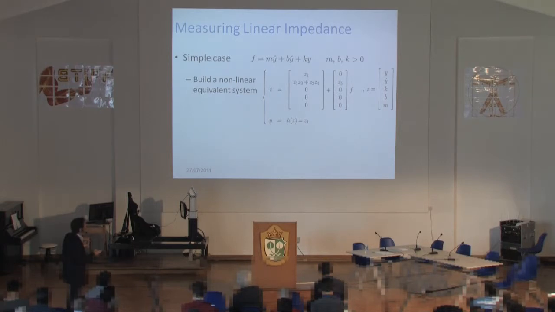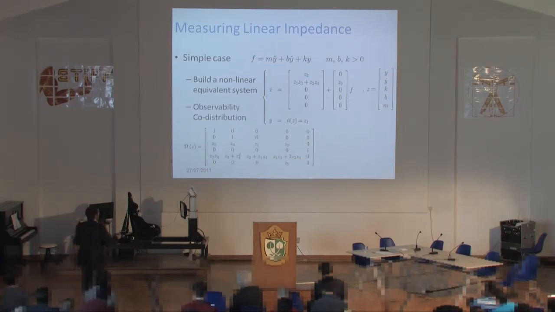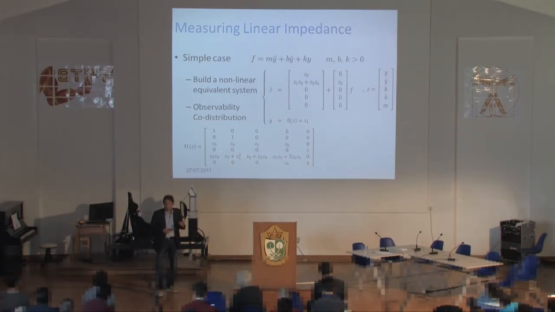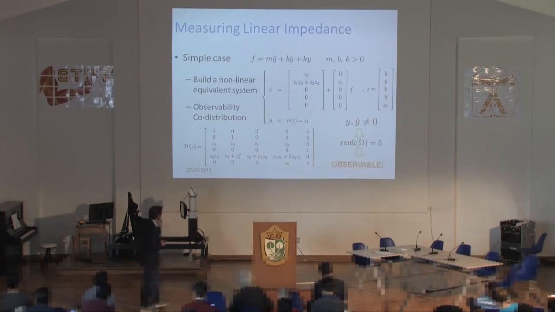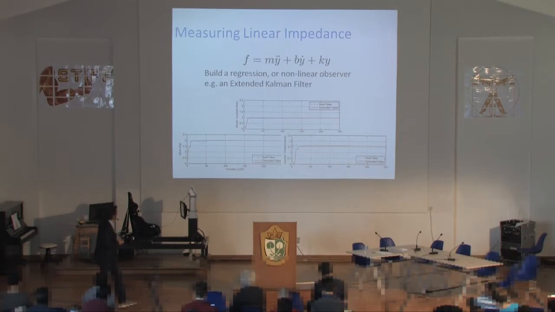So if you can observe the whole state from outputs, then it is possible to find all of that. And this is possible. It's easy to show that if you take the derivatives of the output, then it is observable. So you can imagine doing filtering, identification of these parameters. You can do, for instance, an extended Kalman filter and estimate those parameters.